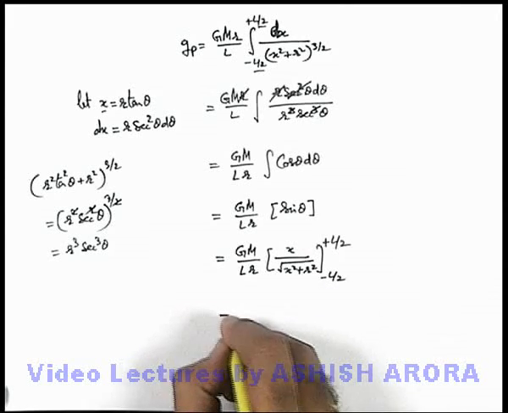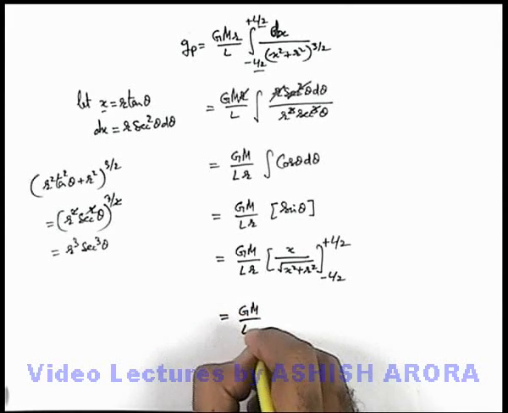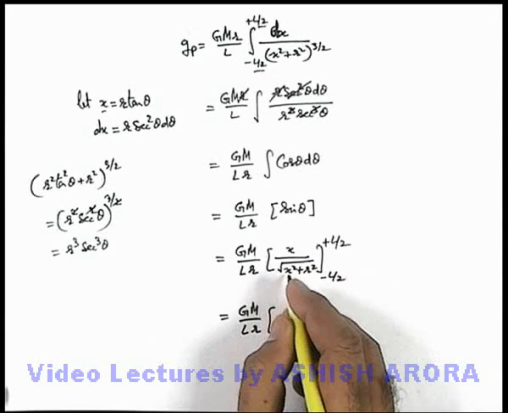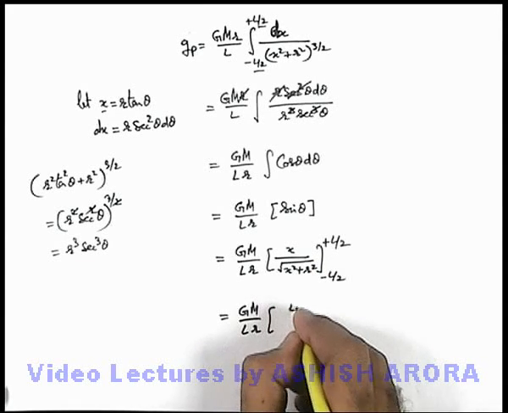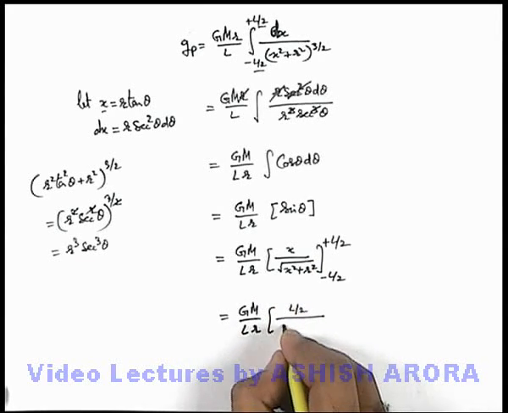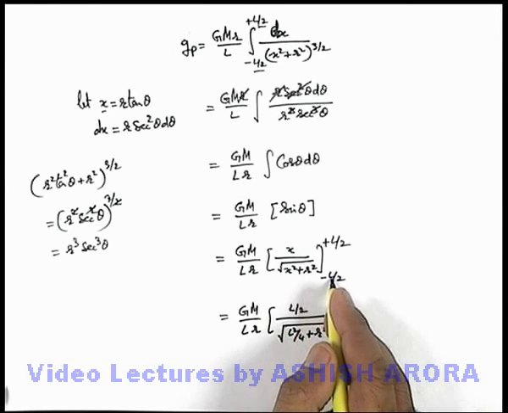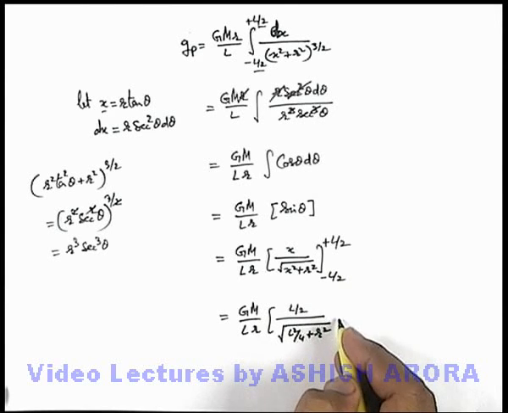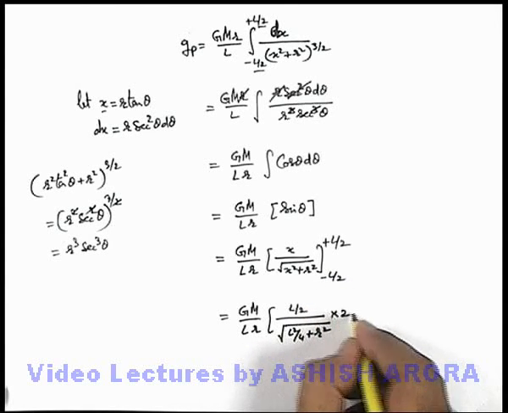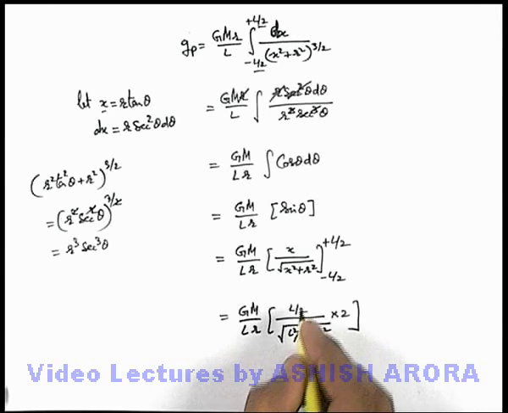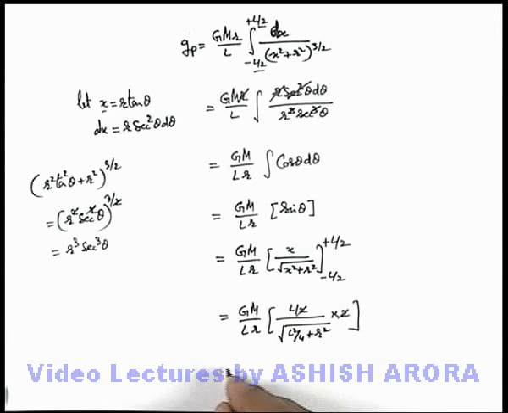If we substitute the limits, we get x as L by 2 divided by root of L square by 4 plus r square. If we substitute the lower limit, it is the negative of the same value, so we can multiply it by 2. This 2 gets cancelled out, and on solving we get the gravitational field at point P as 2 G m by r root of L square plus 4r square.